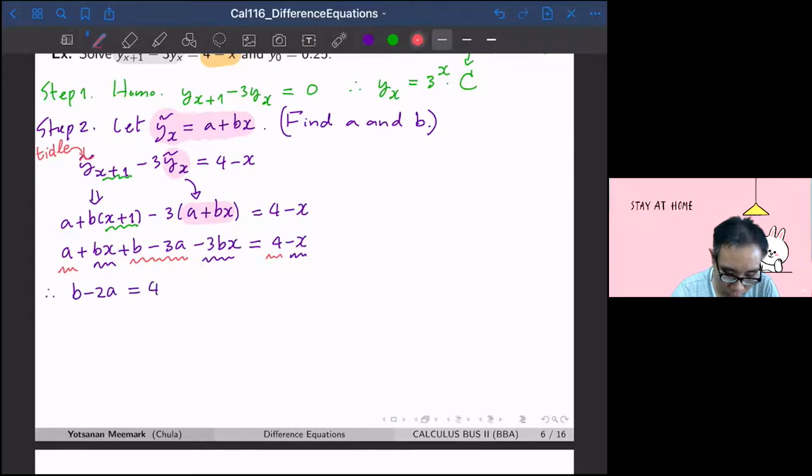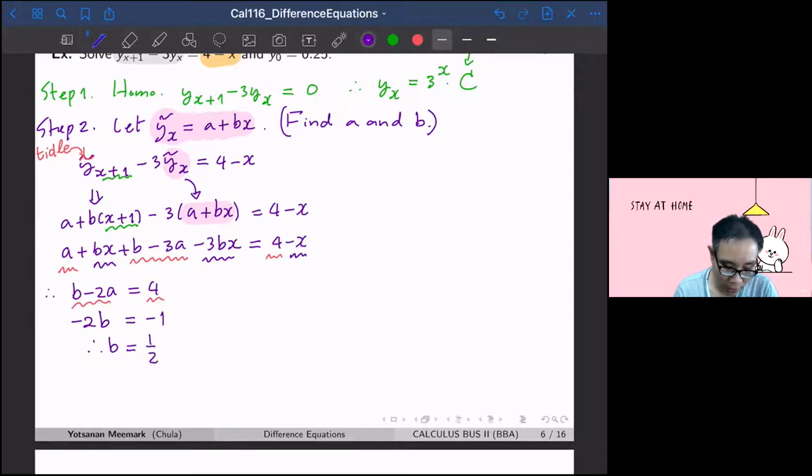This is the term without x. And the term with x is gonna be b minus 3b, so it's gonna be negative 2b, equal to minus 1. So you solve for b, it's gonna be 1/2.